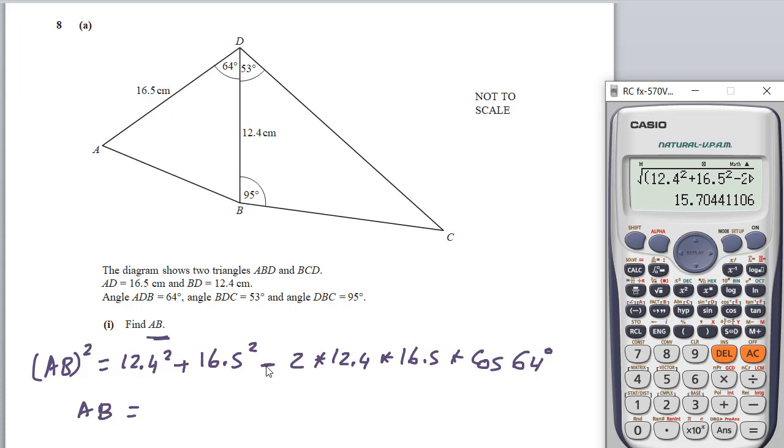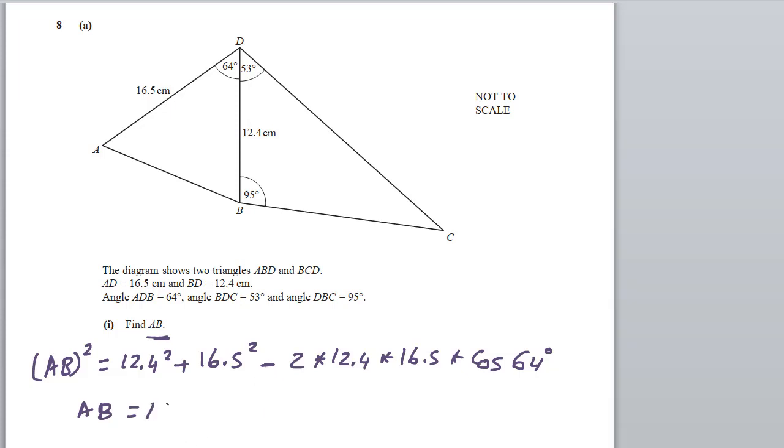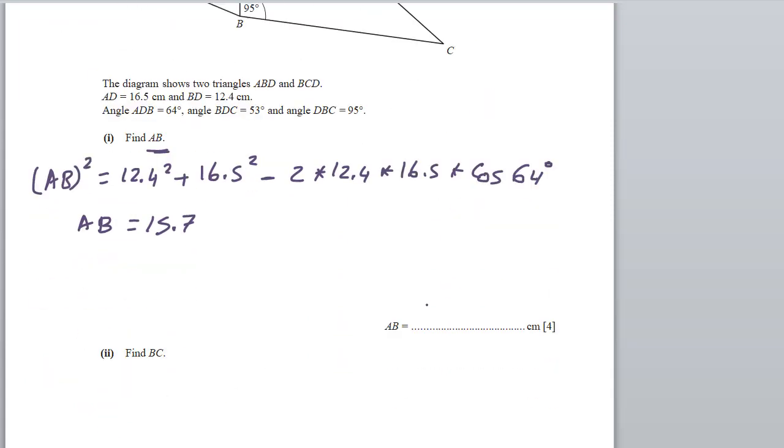So 15.7, the line AB is 15.7 centimeters.